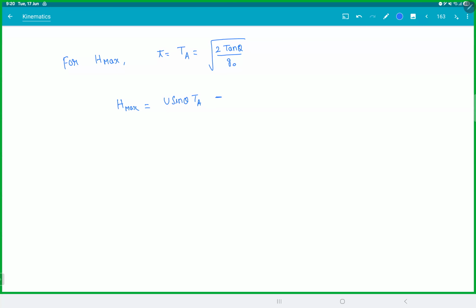This is a lengthy one. It's a good one. The y coordinate is u sine theta t minus g naught u cos theta by 6 time of ascent cube. Substitute here, solve this. This will be u sine theta 2 tan theta by g naught. I think you can just take out one t_a common.